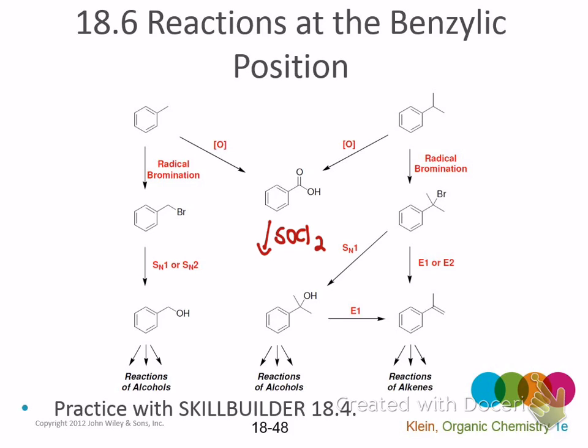Replaces something with a Cl. Yeah, and it'll do the same thing to carboxylic acid. So you can also make acyl halides out of this, which we'll find out in the next few chapters. They're very reactive, very useful for synthesis. Okay. Anyways, bunch of things that you can do.